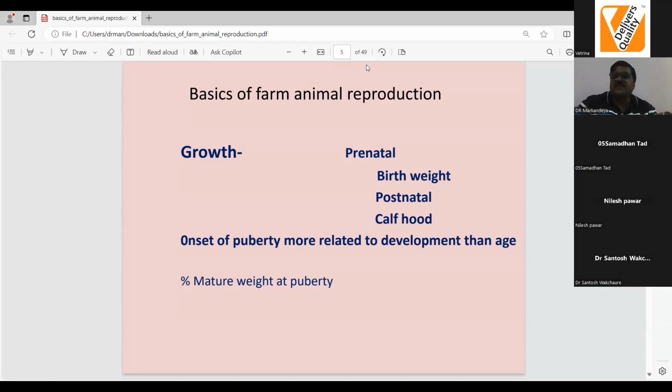The word is very important, and that is called mad desire. Mad desire means the animal will express secondary sexual characters and will not have proper reproductive sequencing, and therefore the first estrus is just to be ignored. It is to be recorded and then ignored.